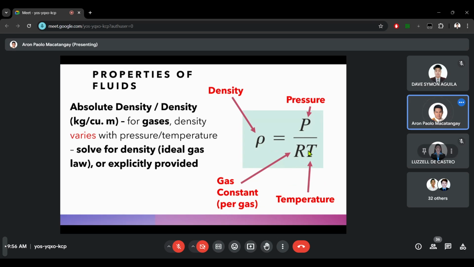Okay? So again, density is your mass over volume. You can use this formula to solve for density, or if you need other values like pressure or temperature, then you can use these equations also. So this is derived from your ideal gas equation.